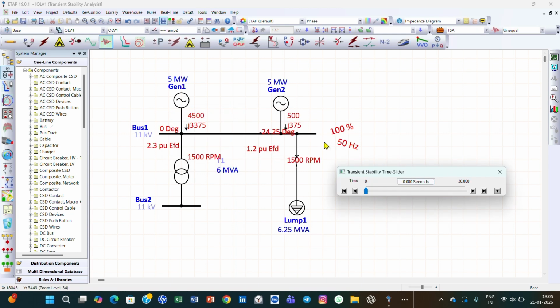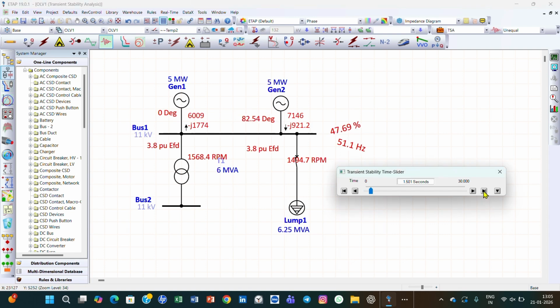You can see now the relative angle is minus 24 degrees, and the load on this one is 500 kilowatt and 375, that is 10% of the total load and 90% of the total load. We had adjusted here only the 10% of this load, and automatically it supplies 90% of this load.